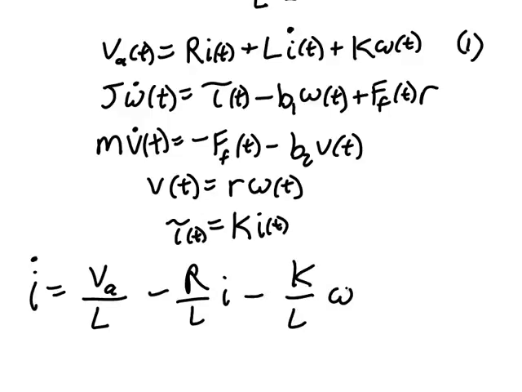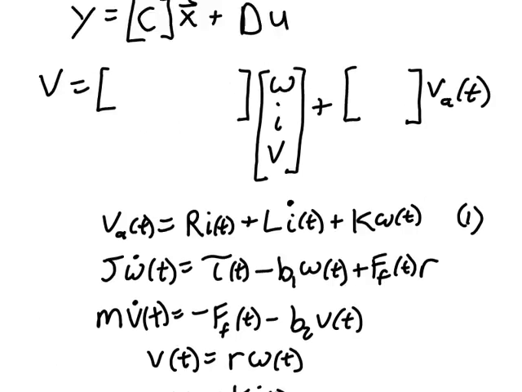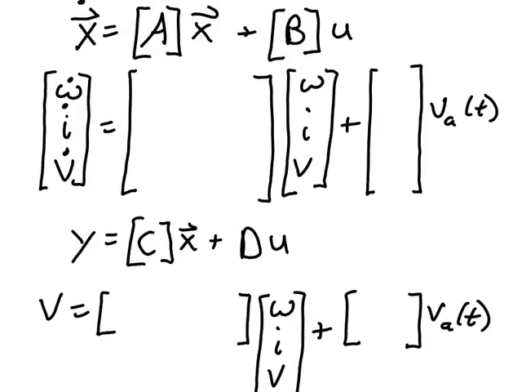There we go, and I'm going to take this equation and fill it in my matrix. So this is going to go into row 2 because this is the equation that is solved for I dot. And I'm going to start out and pull out the coefficient that goes in front of omega.